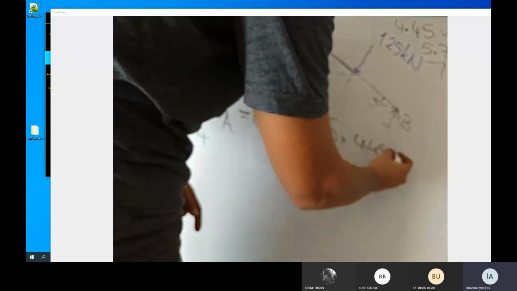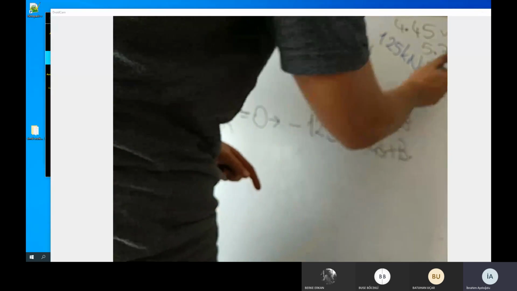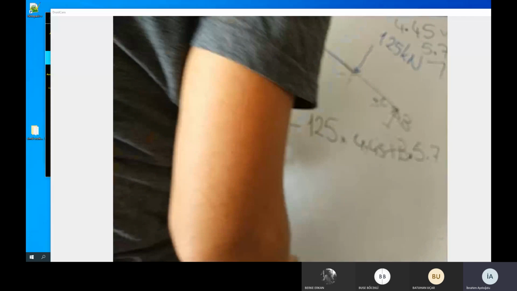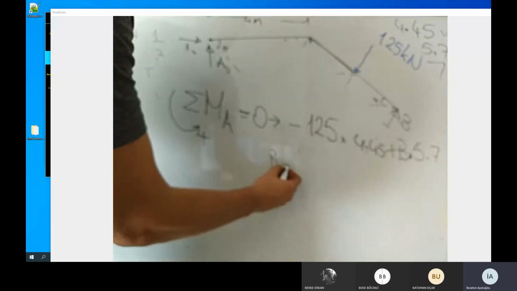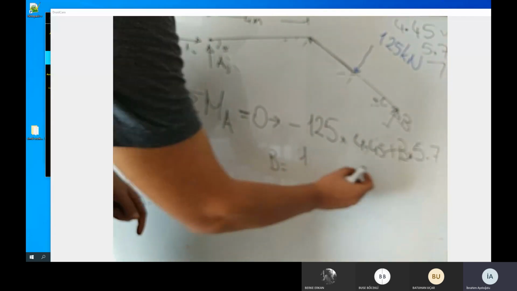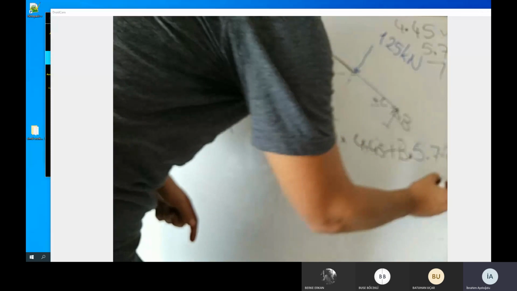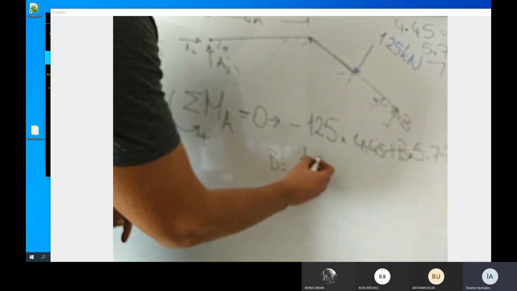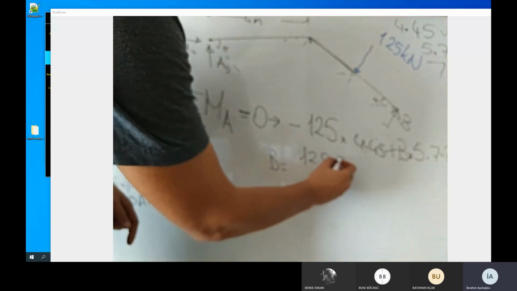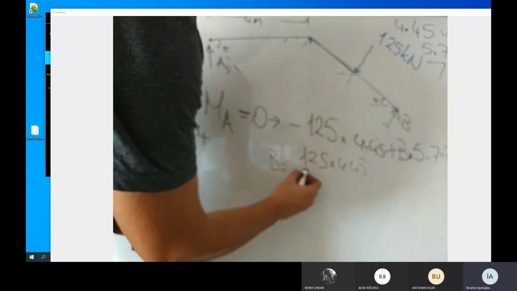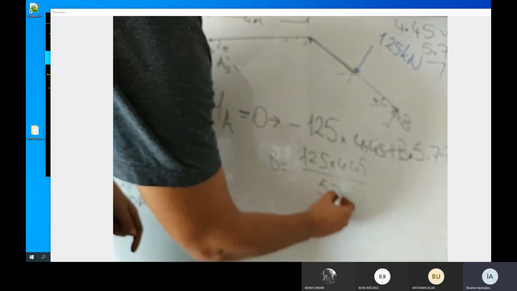Therefore, I can write positive B times the distance 5.7. This is equal to 0. So B is equal to 125 times 4.45 divided by 5.7.